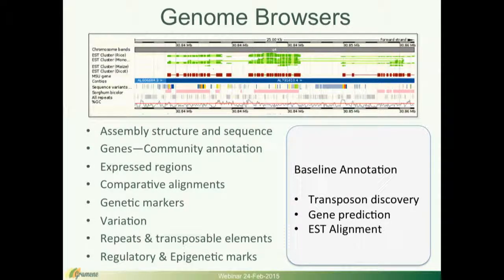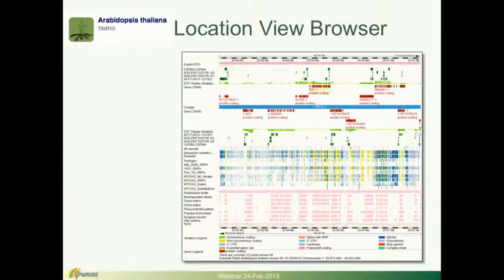This is one particular browser, the Arabidopsis browser. Depending on what genome and what resources are available, you may see different kinds of tracks. But for Arabidopsis, this is a typical genome browser. So here it shows the annotation.